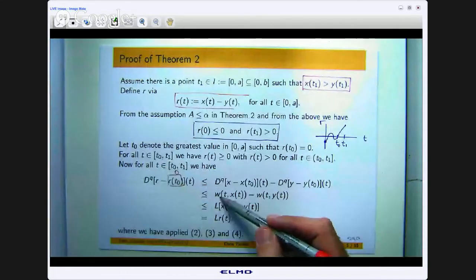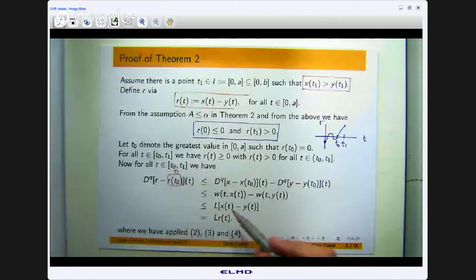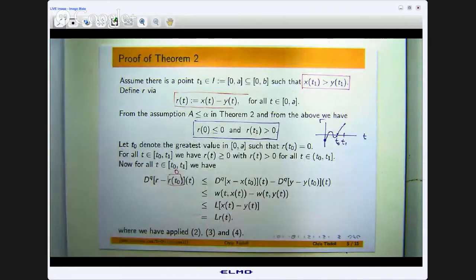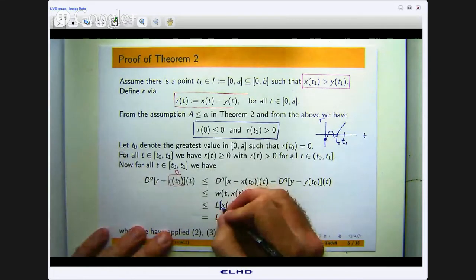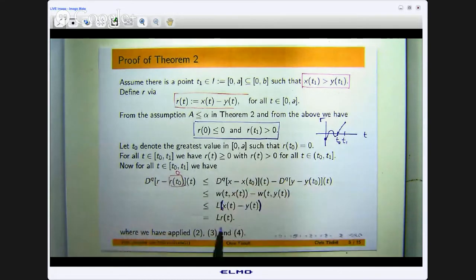Now, notice there's no absolute values in here, and there are absolute values here. Why is that? Well, it's because x minus y is positive on that interval, so you don't need the absolute value signs. So we end up with the following.